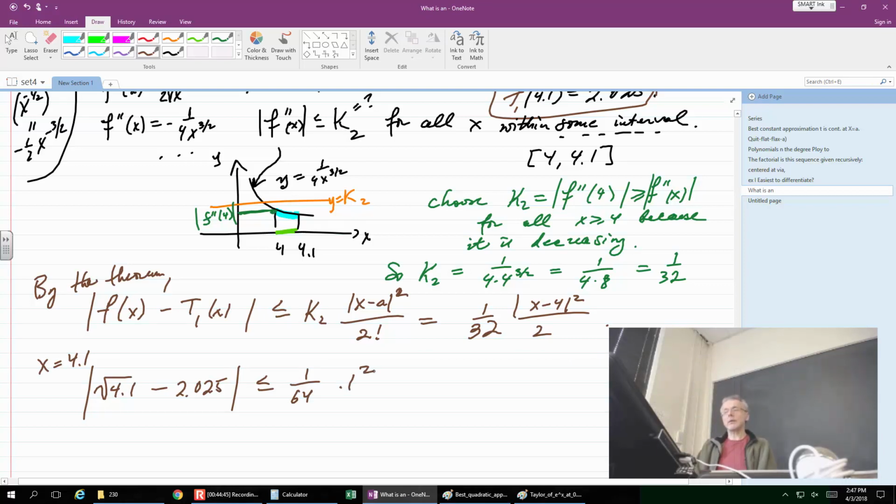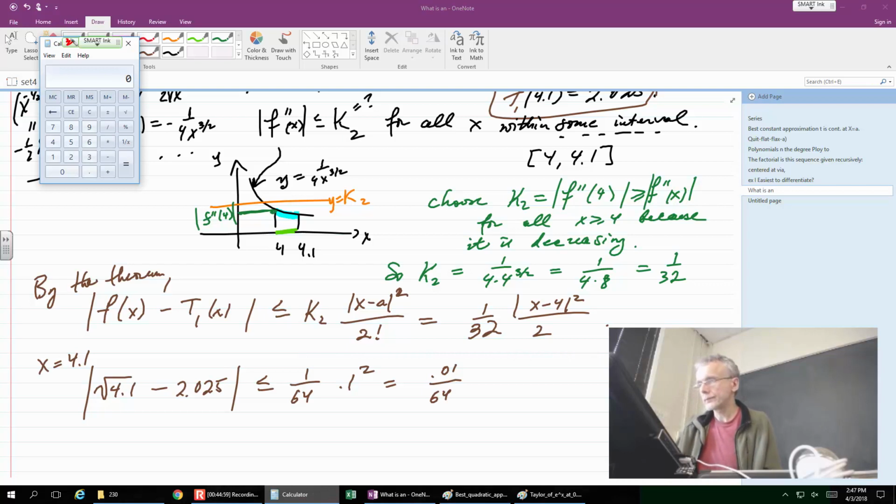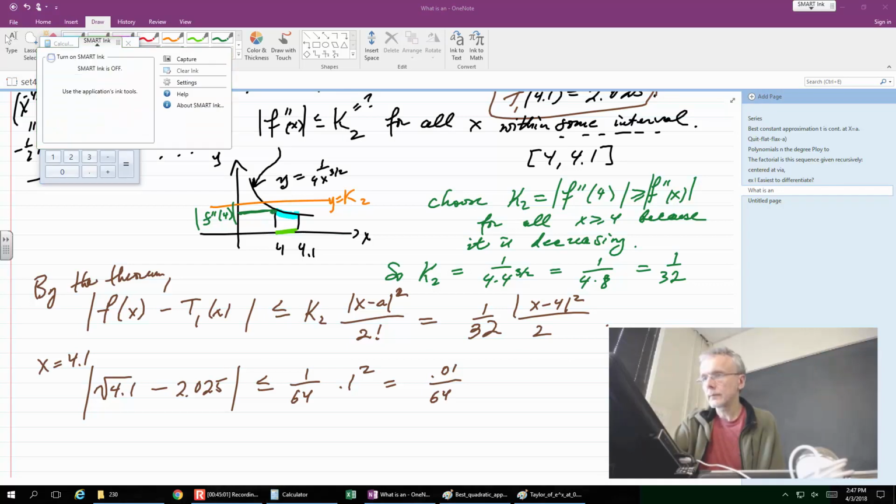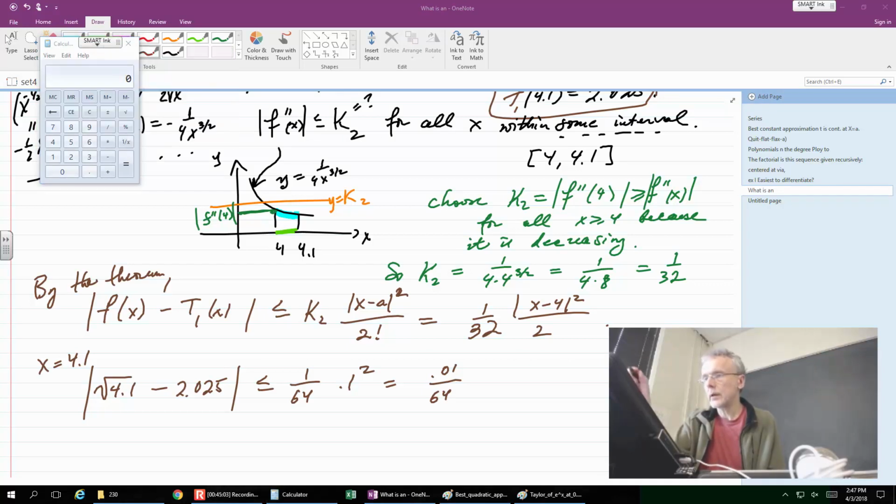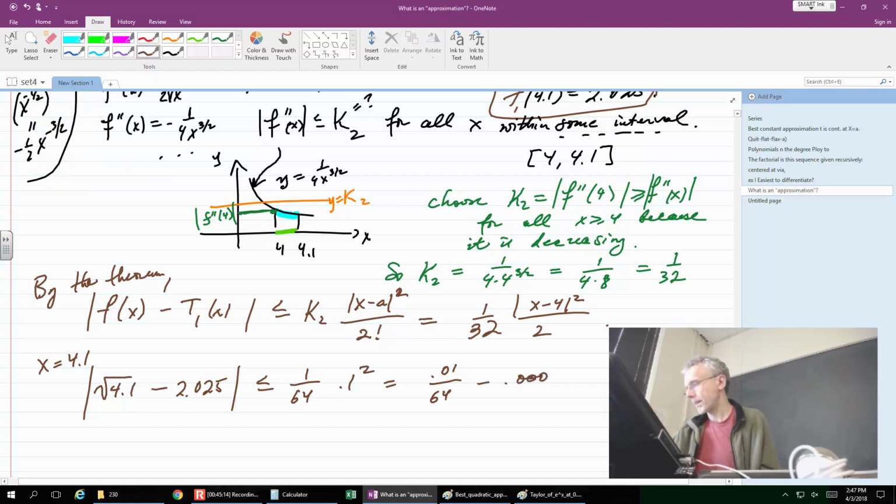That's our error, and it is a fairly small number, so it is 0.01 divided by 64, and we can now use a calculator to compute it. 0.01 divided by 64 is 0.000156.